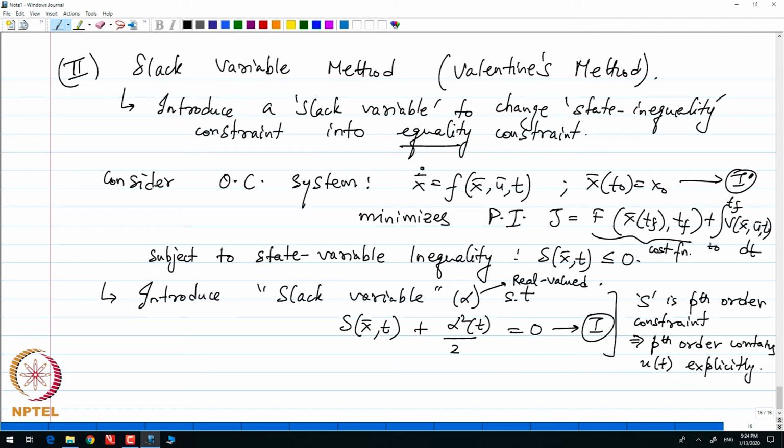Okay. The pth order contains u of t explicitly. So, then what shall we do? Again, since it is a pth order constraint, it means that S is smoothly differentiable up to order p. So, we exactly do that.